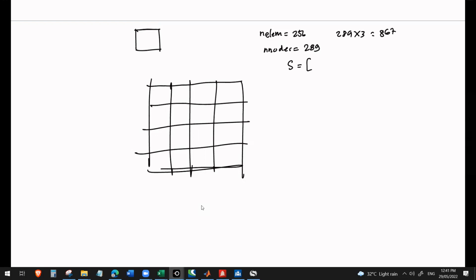So it should be an 867 by 867. That's how big the matrix size we are talking about is.